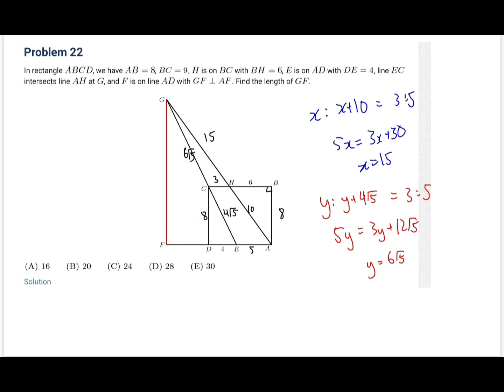And so since the ratio is 4 to 10, the EC to GE ratio is the same as CD to GF, right?